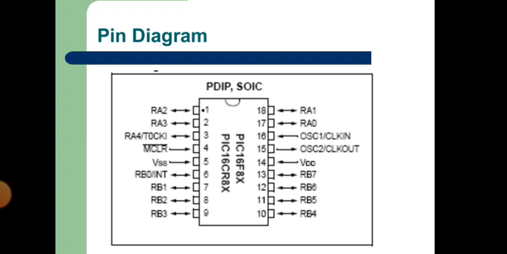Then there is a new term that we have on the desk, which is PDIP. PDIP stands for Pin Grid Array Package, which is a type of integrated circuit package that is commonly used in microcontrollers like this very one.